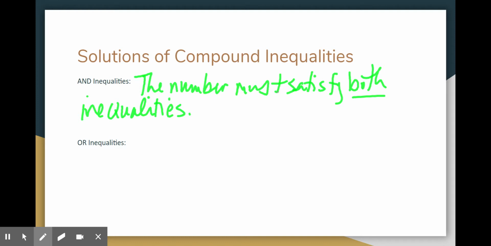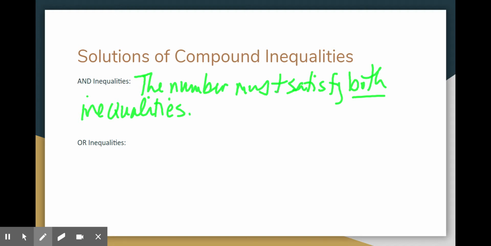So if we go to a picnic, right? We go to a picnic and I ask you to bring me back. We're sitting at the table and you go up to the buffet and I say, "Can you please bring me back a hamburger and a hot dog?" Okay? When you come back from the buffet, you should have in your hand two things, right? A hamburger and a hot dog.